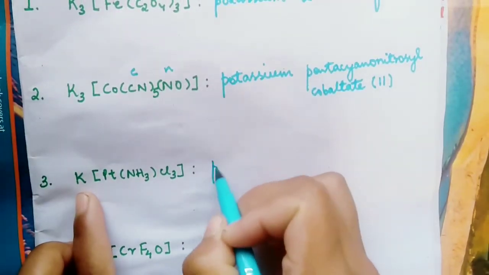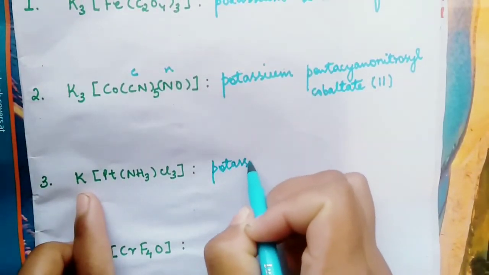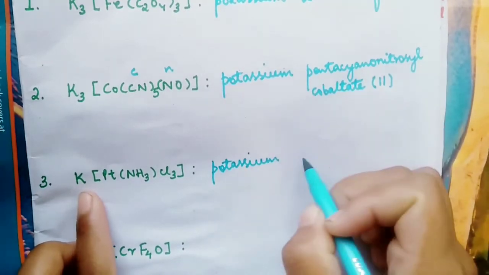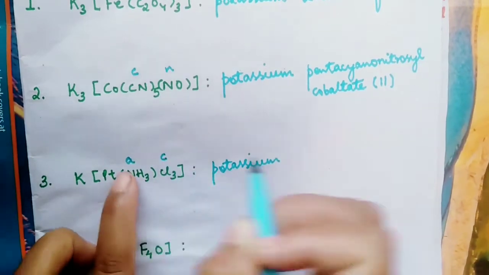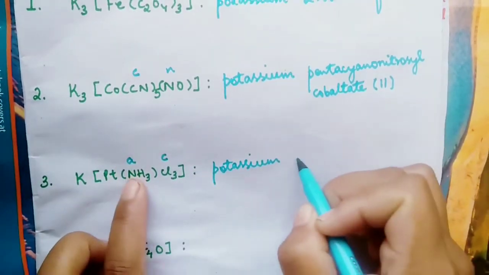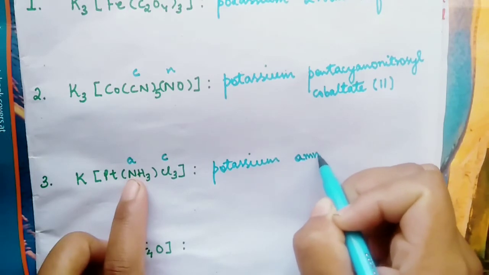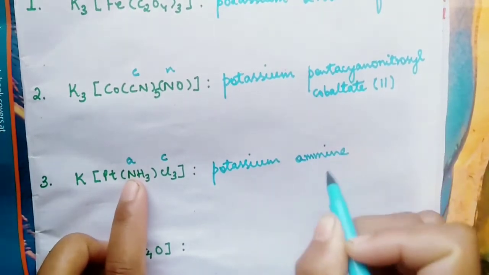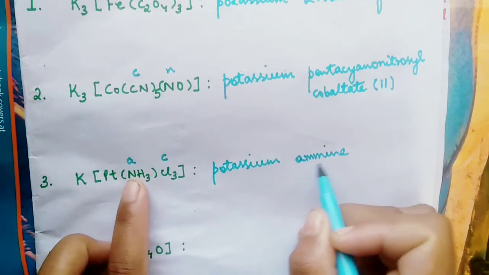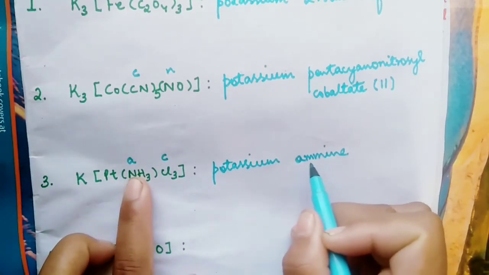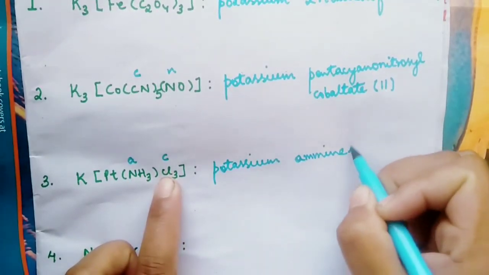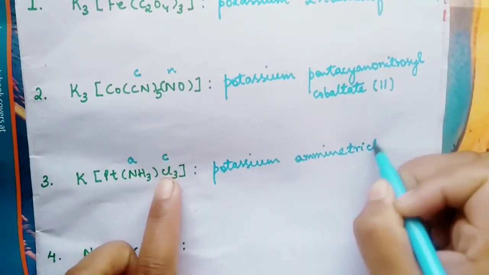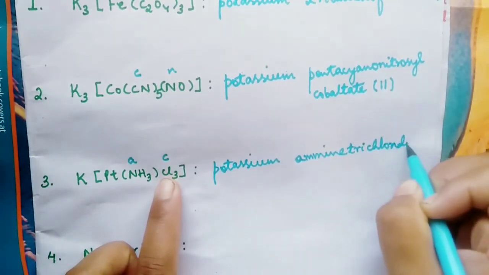Here potassium, leave some space, and then comes the ligand. This one is amine and chlorido, so you have to write amine first because it starts with A. Be careful with the spelling. If this is a ligand, it is spelled as amine, double M, and then we come to this one, trichlorido.